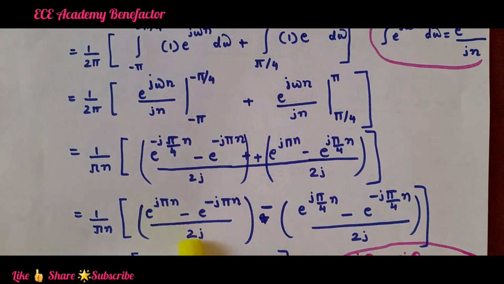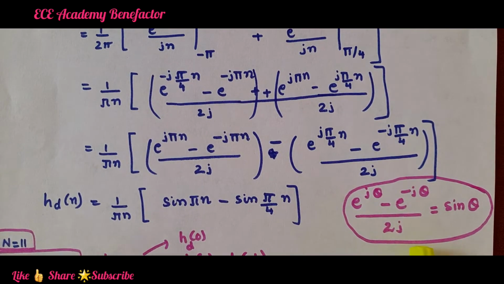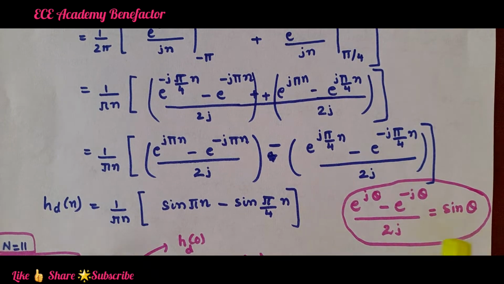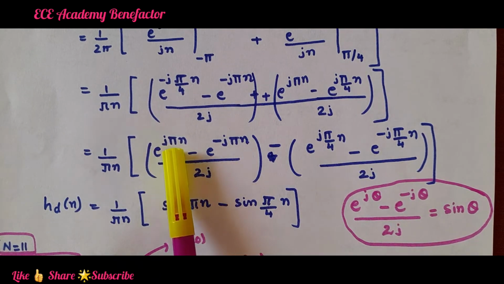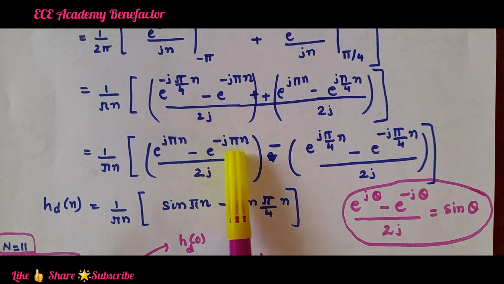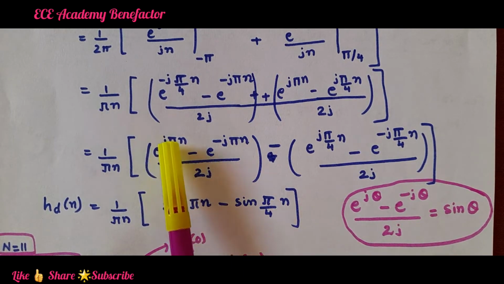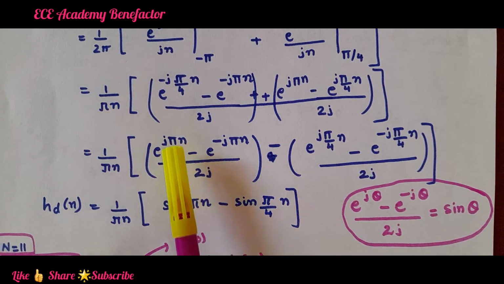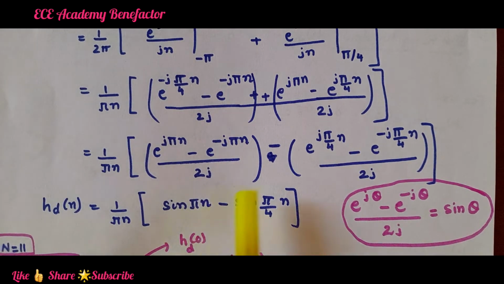If you look at this formula, it resembles this one, that is e to the power j theta minus e to the power minus j theta by 2j, which is written as sin theta. Here, what is theta? For the first term, theta is pi n, so it is written as sin pi n.